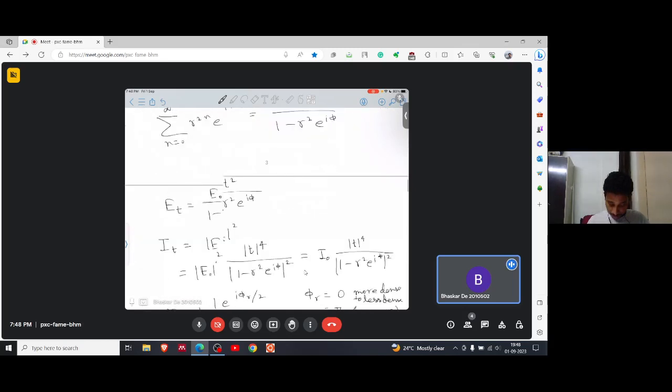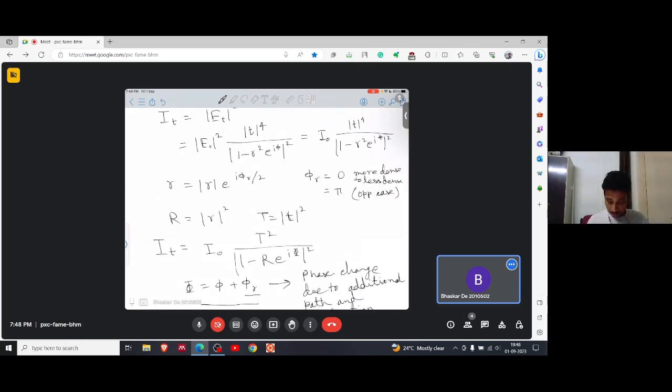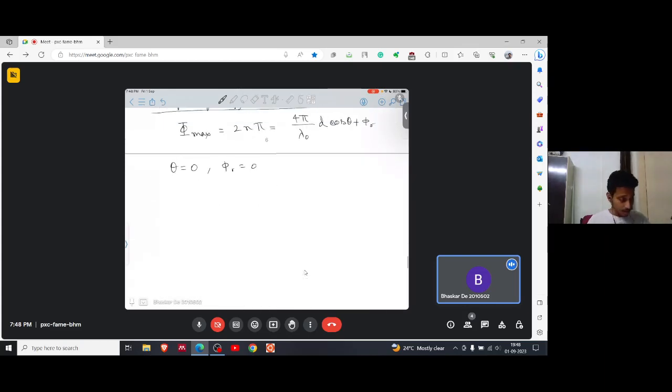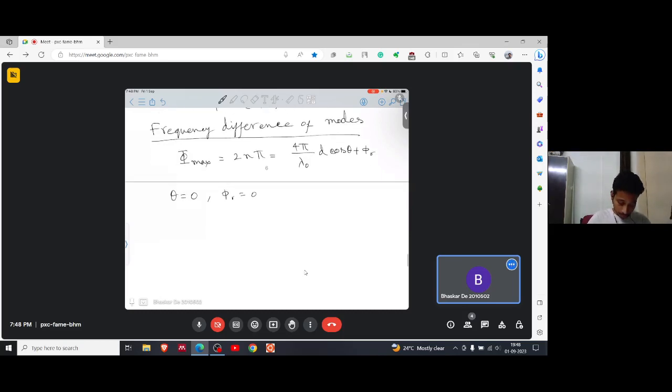And then phi r is 0, that is the reflection is from more dense to less dense medium. In that case we can put theta equal to 0 and phi r equal to 0, then we will obtain 2n pi equal to 4 pi d by lambda naught. Then the value of n will be 2d by lambda.